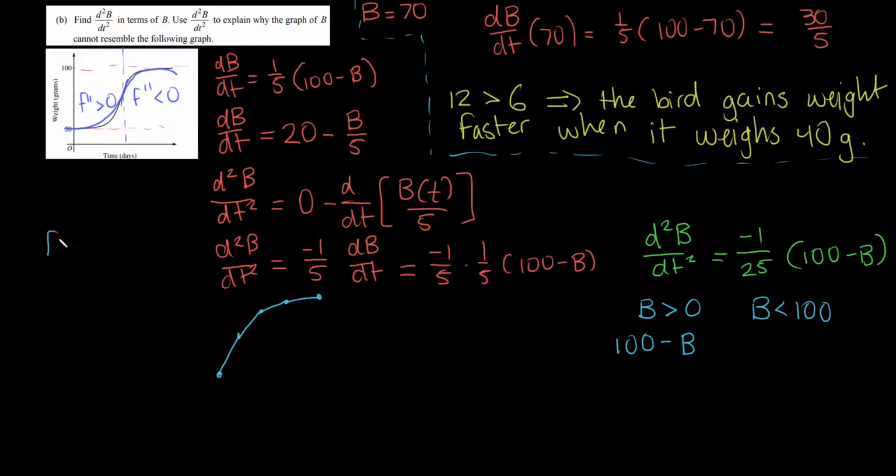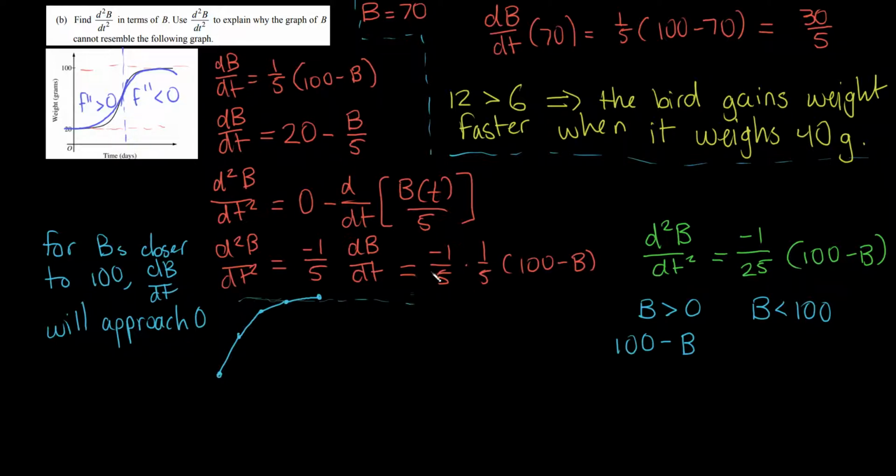So for larger b's, for b's closer to 100, db dt will approach 0. It'll go to 0. Because of that, there's going to be a horizontal asymptote at b equals 100. Therefore, b can never exceed 100.